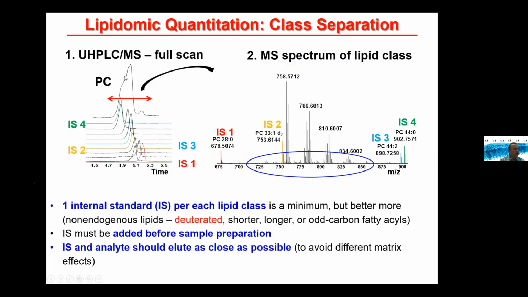Here you see the peak of phosphatidylcholines in HILIC analysis, and in different colors you see various internal standards used for quantitation of this class, and the corresponding mass spectrum is shown here. We really prefer to use multiple internal standards per class, because then you may use one internal standard for quantitation of the second one, because you know the concentrations of both of them.